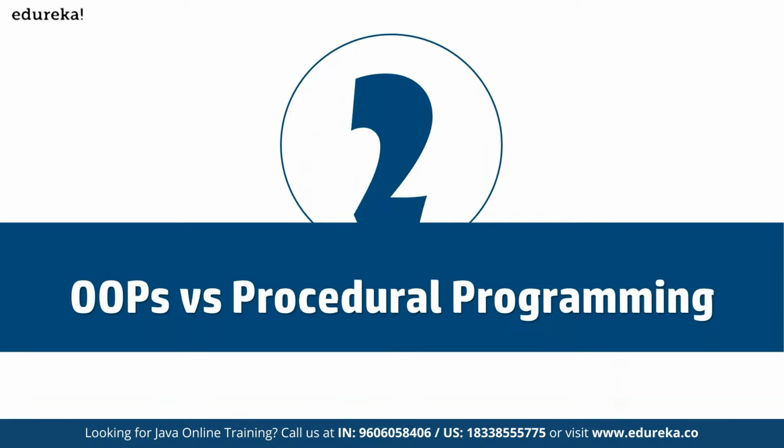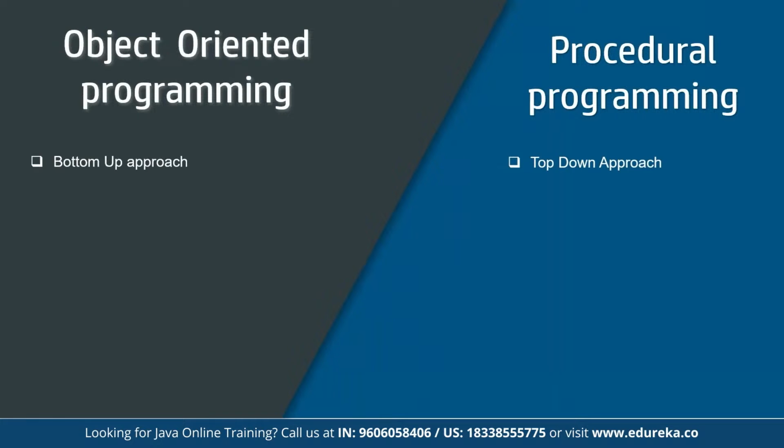Then we have OOPS versus procedural programming. Let's discuss that. There are multiple components available in OOPS as well, for example polymorphism, abstraction, and encapsulation, which we are going to discuss step by step. If you talk about how OOPS compares with procedural programming, in object-oriented programming we follow the bottom-up approach, whereas in procedural programming we follow the top-down approach.